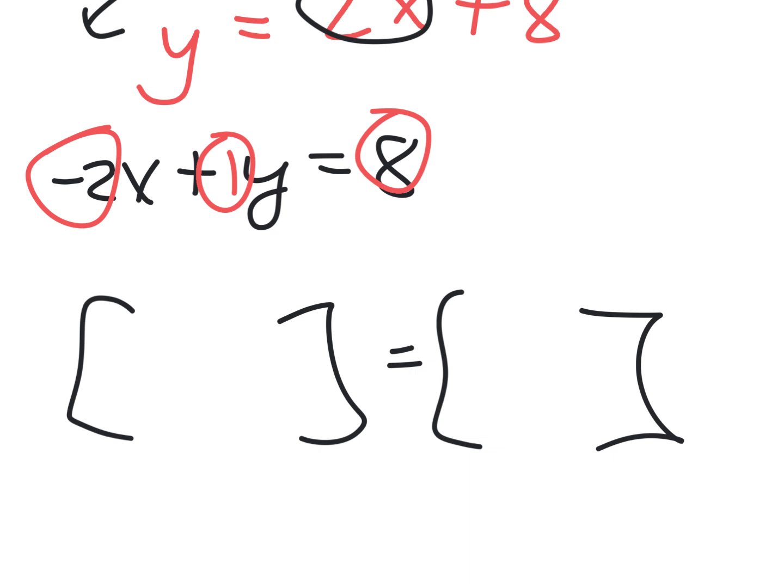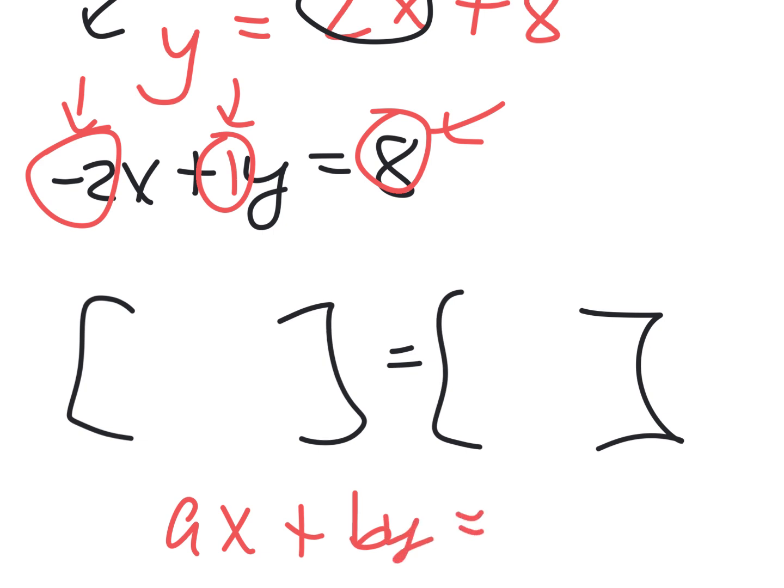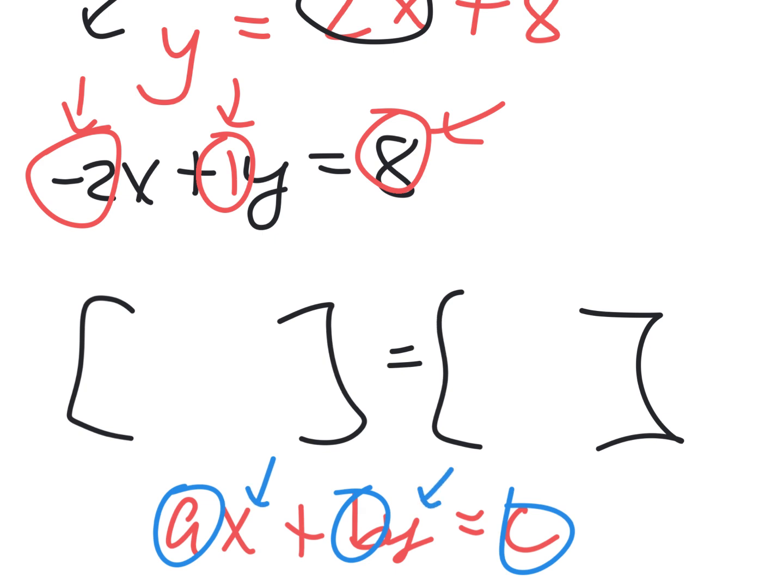So get used to, if you ever need to know the numbers a, b, and c, that's a, that's b, that's c. Okay? So in the format ax plus by equals c, there's your three numbers, a, b, and c. And this is just the x, and this is just the y. All right, now you know why you'd ever want standard form.